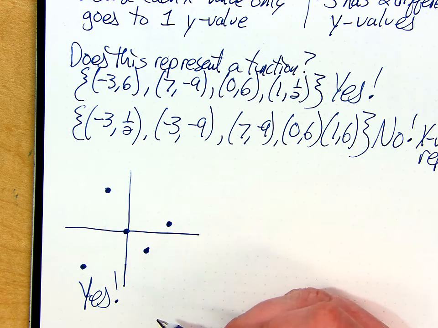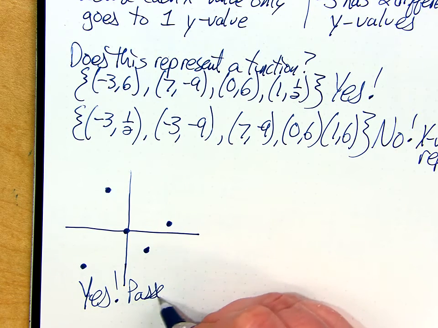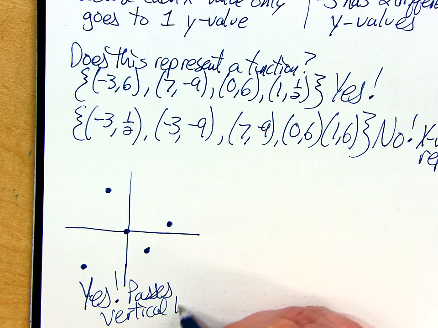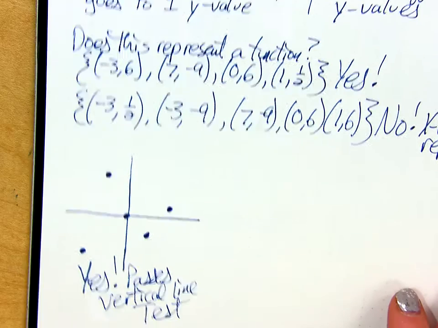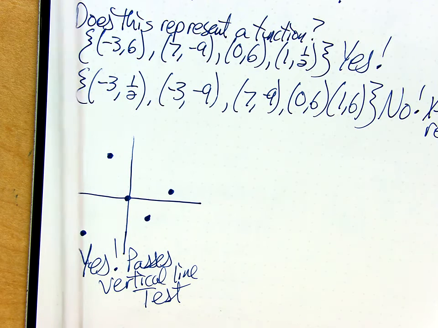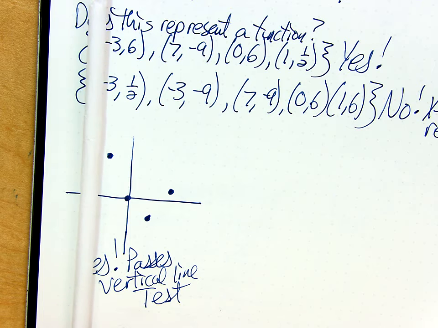This is really something called the vertical line test. So I'm going to say it passes the vertical line test. So let me explain the vertical line test a little bit better. Basically what you do is you take, oh how convenient that I have this nice straw, right? You pass a vertical line along your graph.